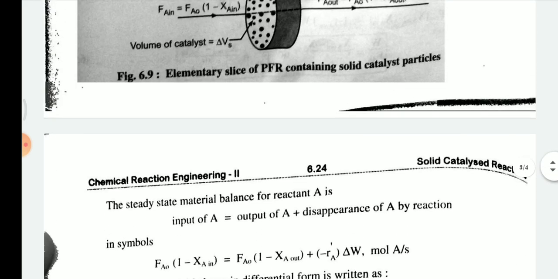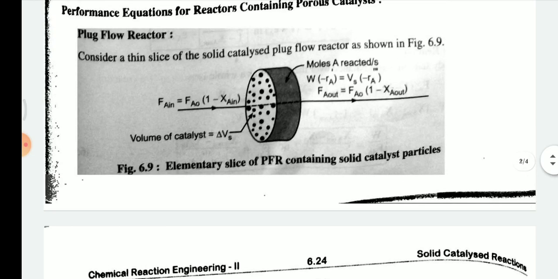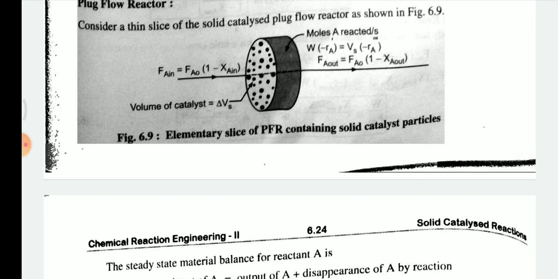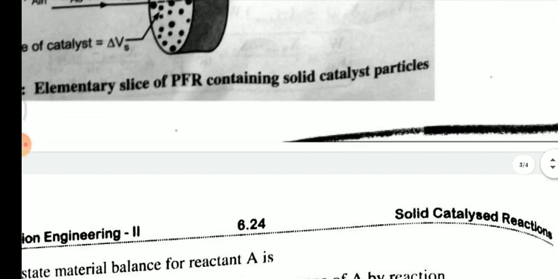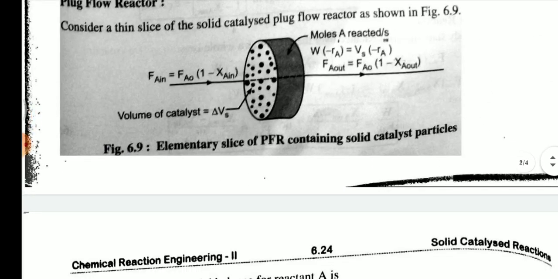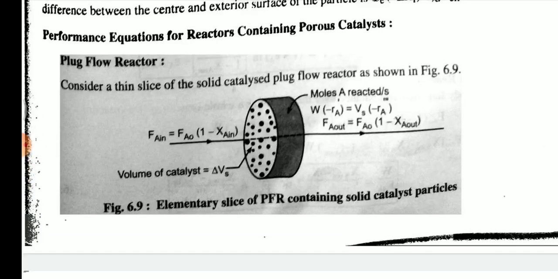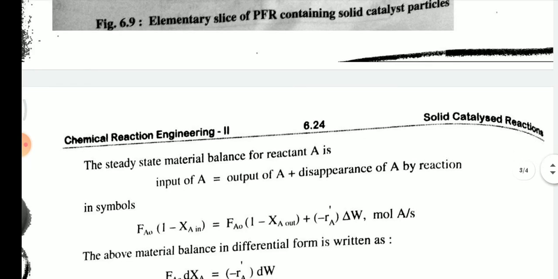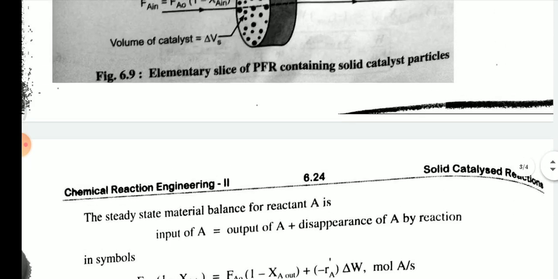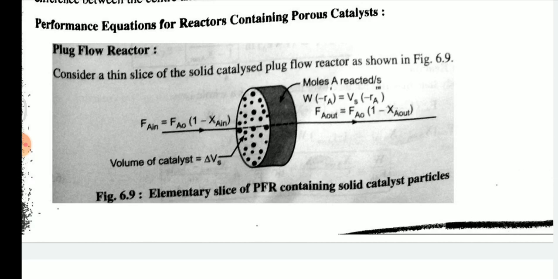It will be Fa0 into 1 minus Xa in, which is the inlet, and similarly the outlet, Fa out, is equal to Fa0 into 1 minus Xa out plus disappearance, where the reaction takes place. Inlet equals outlet plus accumulation term, where the reaction occurs. The value will be moles A reacted, that is W RA dash equal to Vs minus RA double dash. Okay, so it will be minus RA dash into delta W, from the reactions.